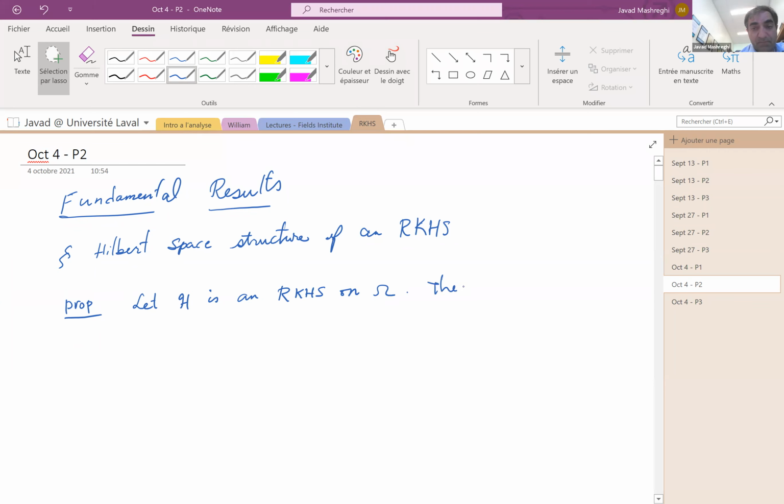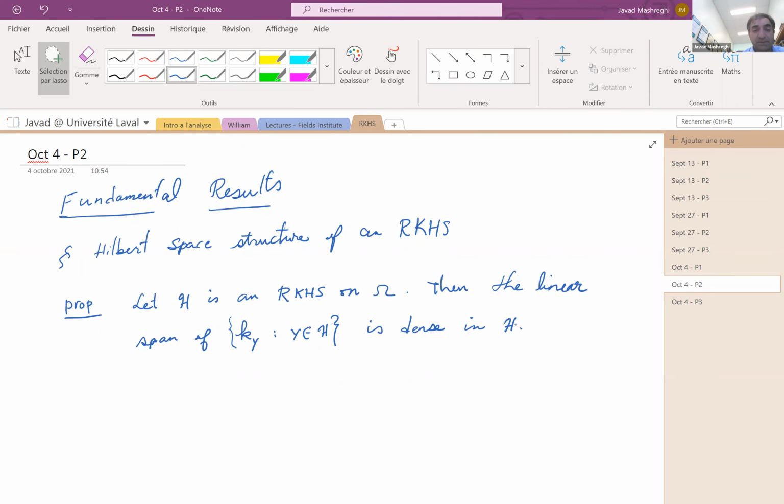Then the linear span of kernel functions Ky, y in omega, is dense in H.